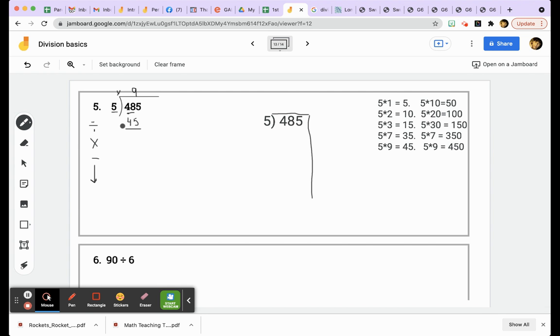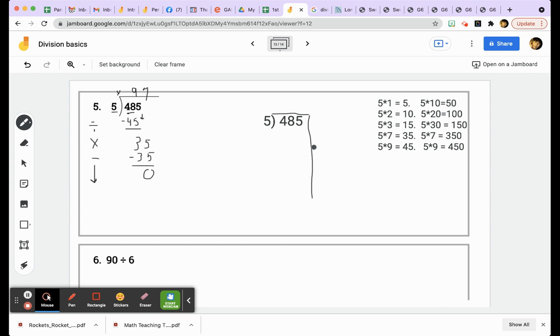After I multiply back, I subtract. 8 subtract 5 is 3. Bring down the 5. 5 will go into 35 7 times. 7 times 5 is 35. Subtract 0. Nothing left to bring down, so I have my quotient.